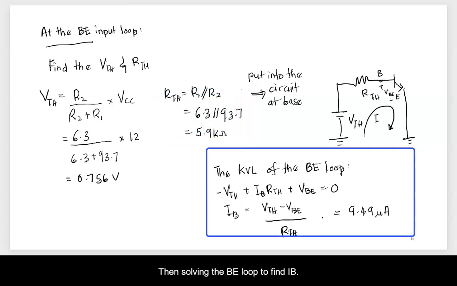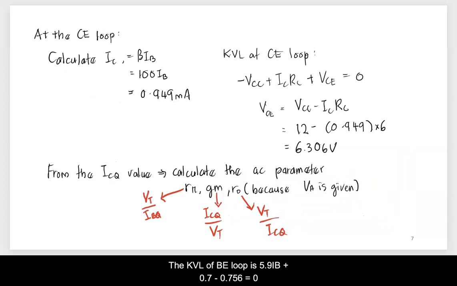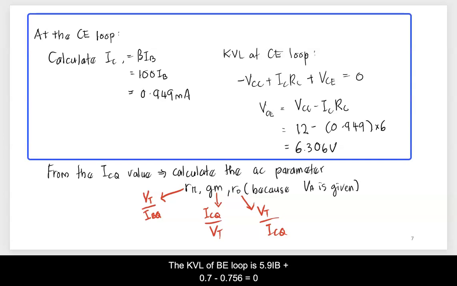Then solving the BE loop to find IB. The KVL of BE loop is 5.9 times IB plus 0.7 minus 0.756 equal to 0, and from there IB is equal to 9.49 microampere.